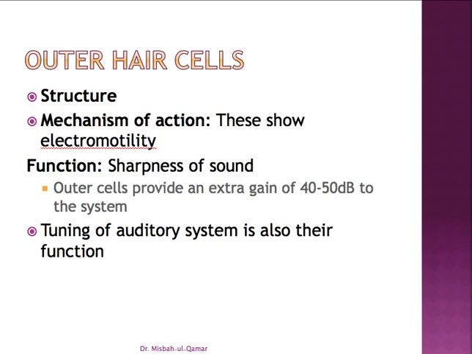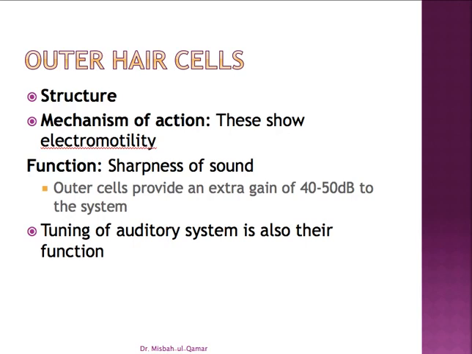Although the mechanism of action is a bit different. Now, these outer hair cells show electromotility. And what does it mean that they show electromotility? It means that these outer hair cells shorten during depolarization, right?